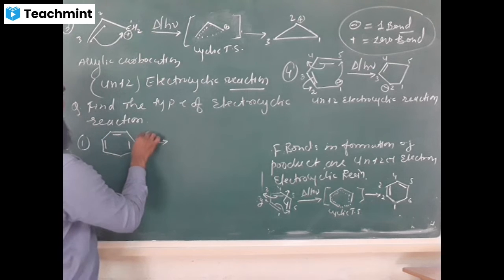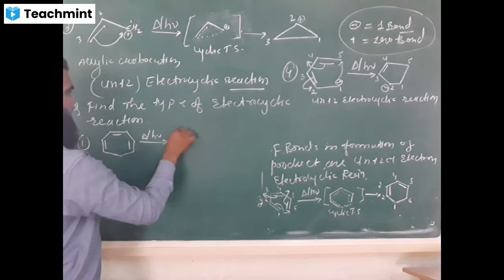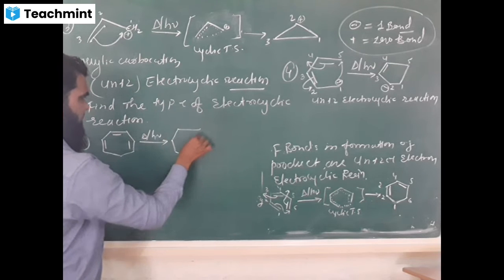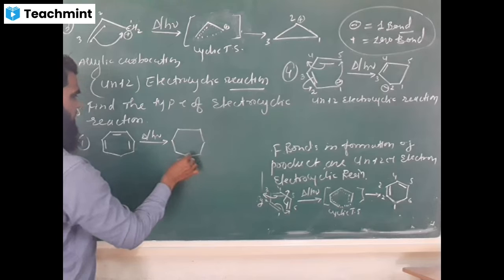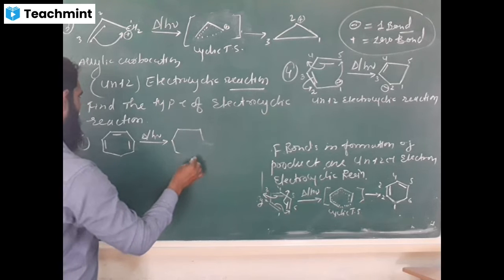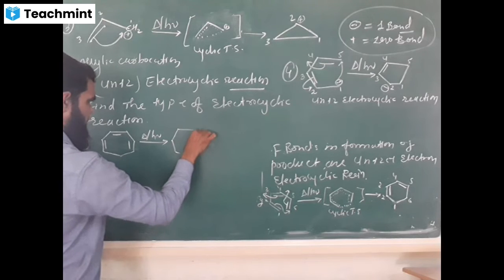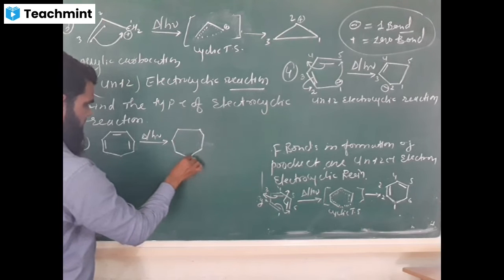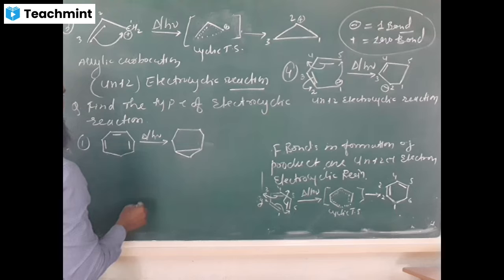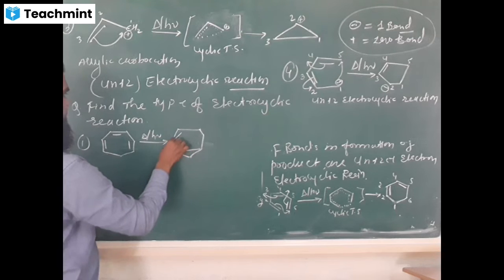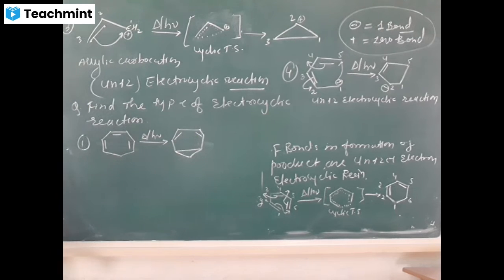This molecule, when heated or supplied light radiation, will get converted into this one. You just observe the molecule and say with what kind of system the reaction takes place between these molecules.